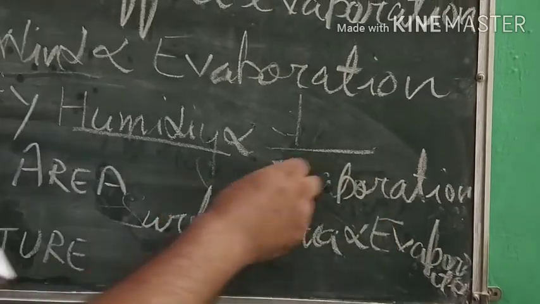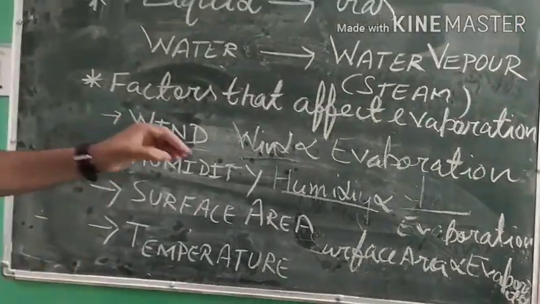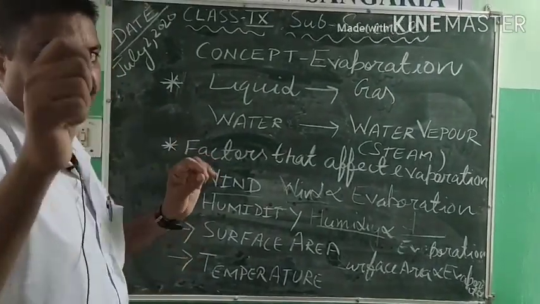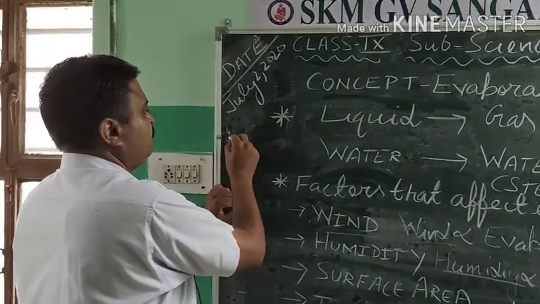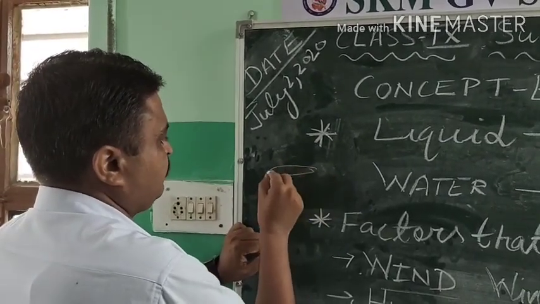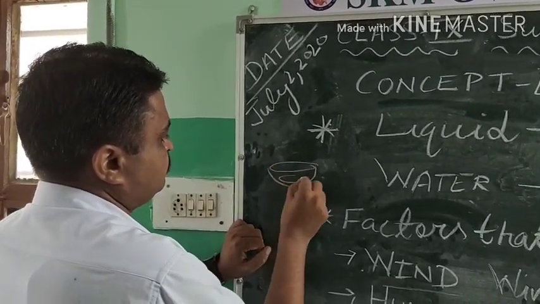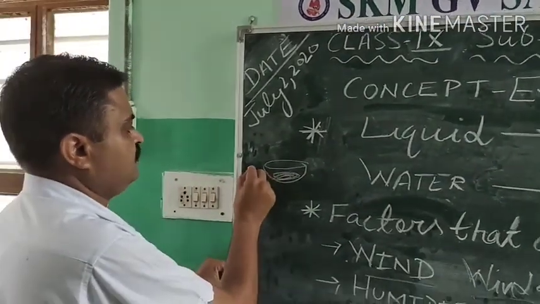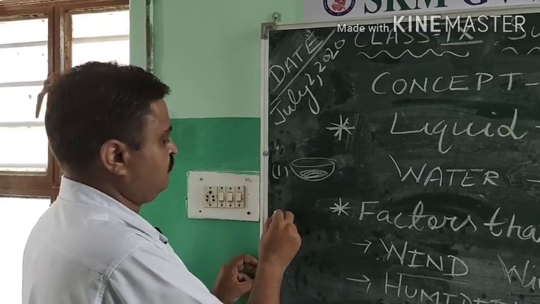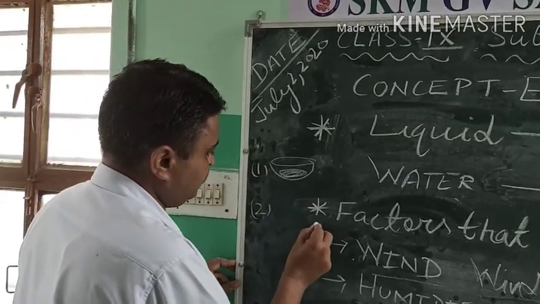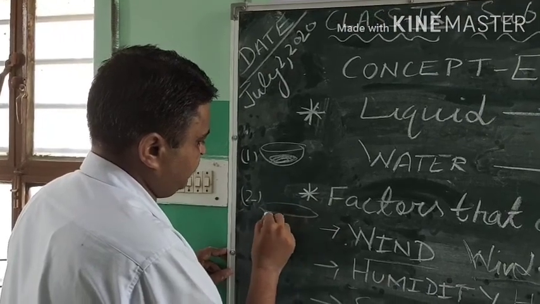Now, what is the surface area here? In this, I want to give you one example. Like, if you have water, you put the water in a bowl. And you take another pot and put the water in a plate.